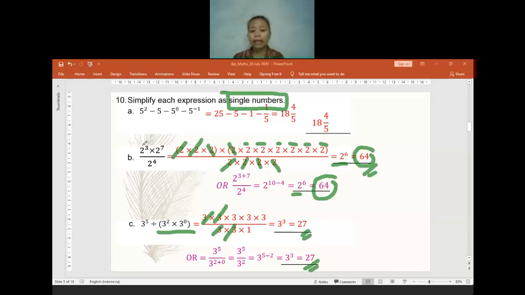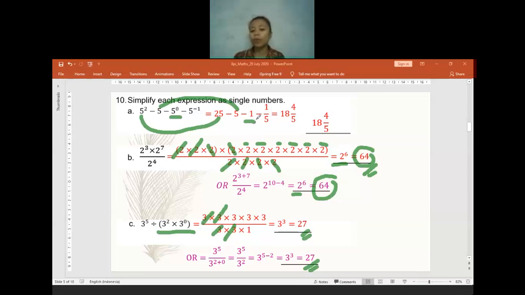Okay, for the 10A, I told you we have to finish it one by one. So I have to find 5 to the power of 2. 5 to the power of 2 will be equal to 25, right? Because 5 times 5 is 25. Now it is 5, 5 without any power, so it will stay as 5. And then 5 to the power of 0, everything to the power of 0 will always equal 1.